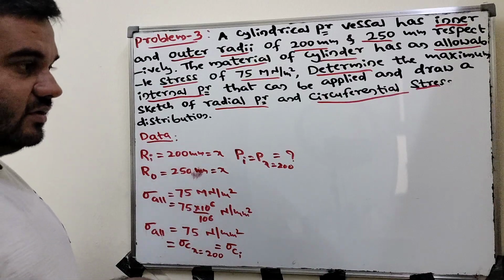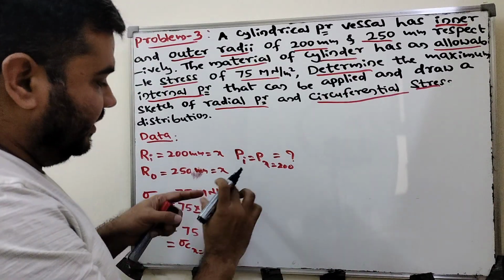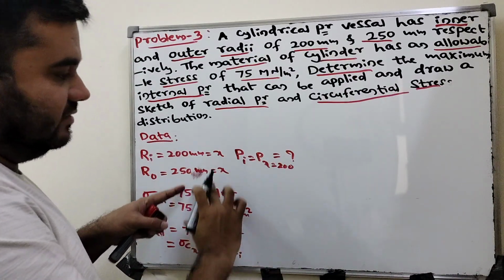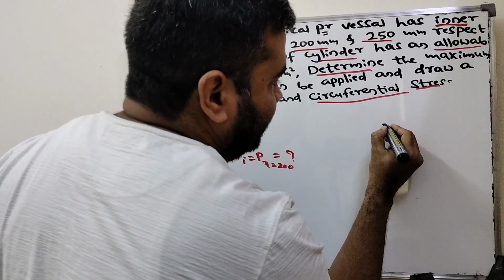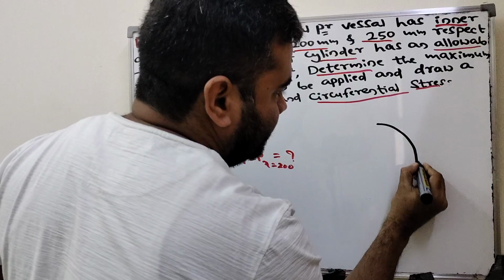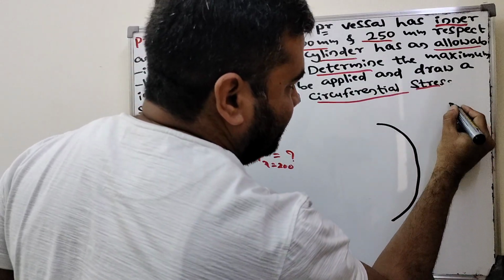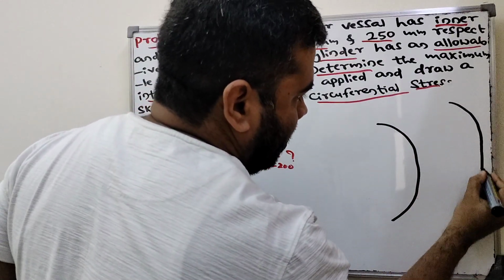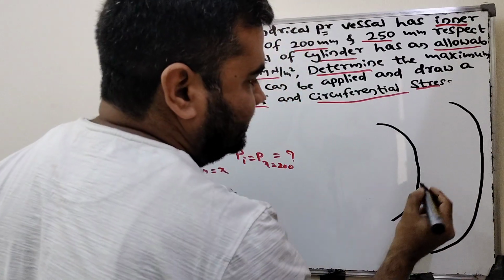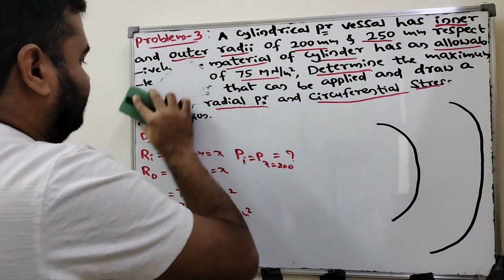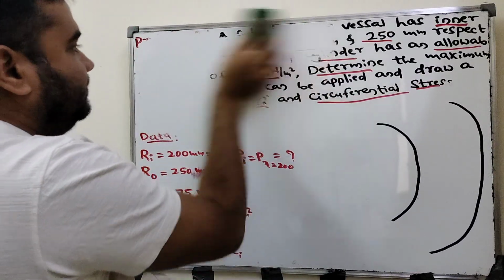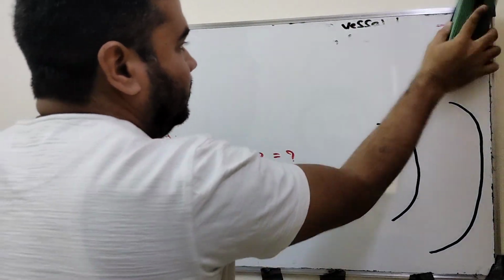First we'll try to draw a sketch, and we'll try to mark the possible values which are given in the data. Just I'll draw here. This is the inner radius and this is the outer radius. Just a minute, we'll remove the problem here, because we know all the data.